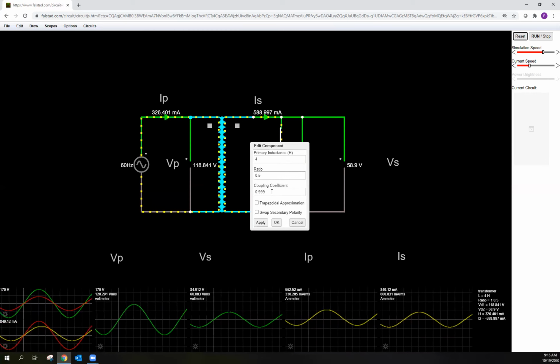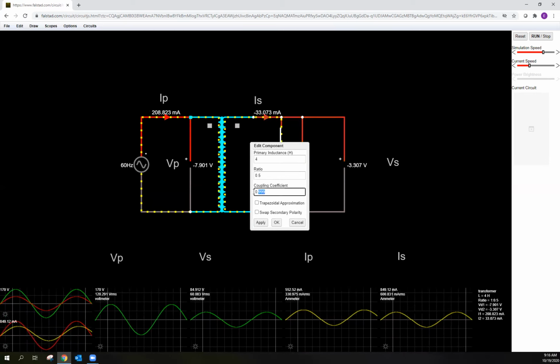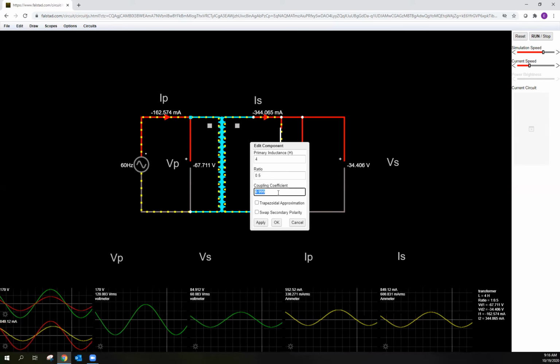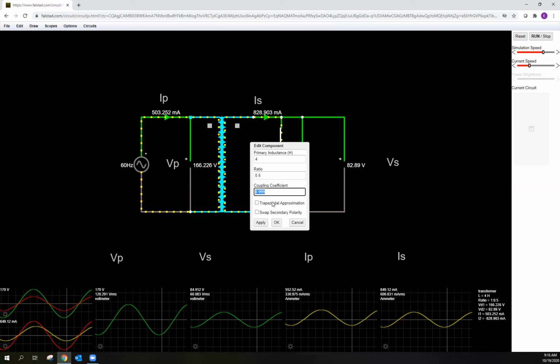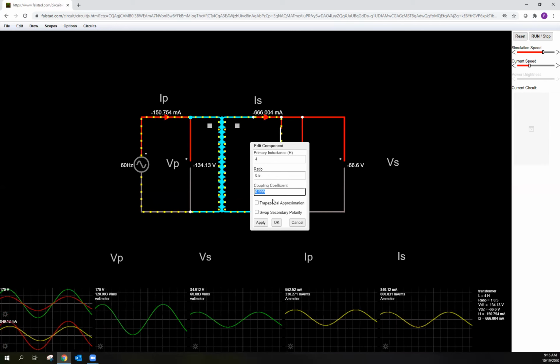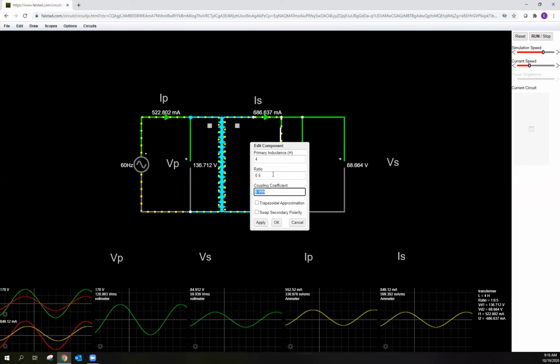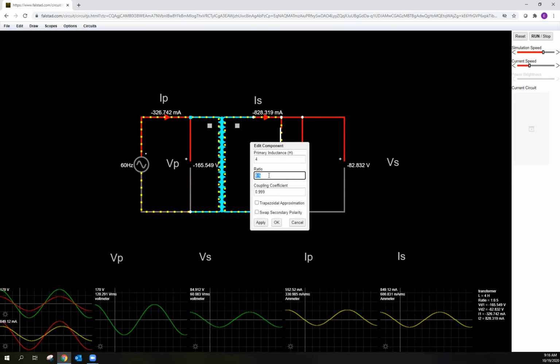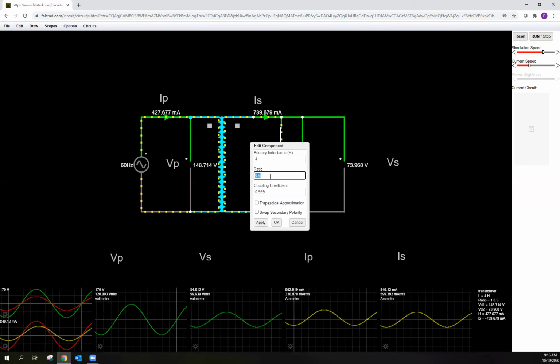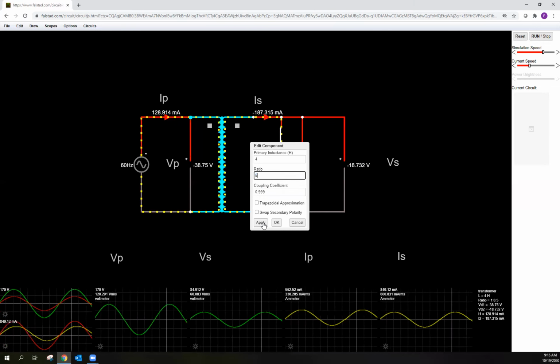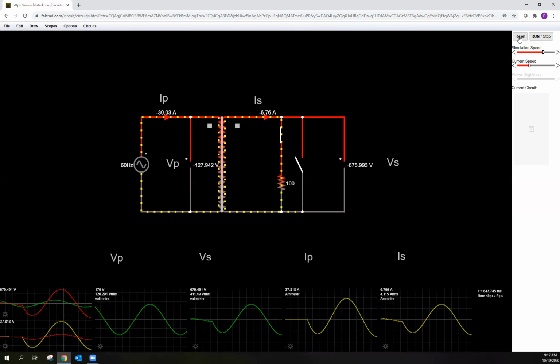Now, the coupling coefficient is 0.999. It's not perfectly 100%, right? And the simulation actually won't let us put it at perfectly 100%. And so you get to see some weird things. So let's say you go to a ratio of 5, right?